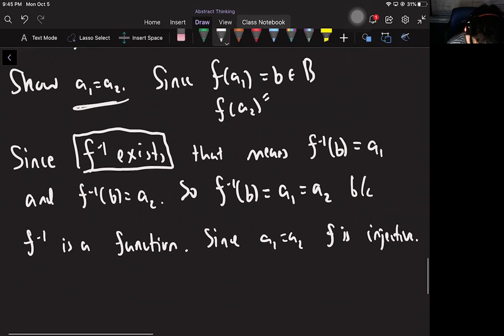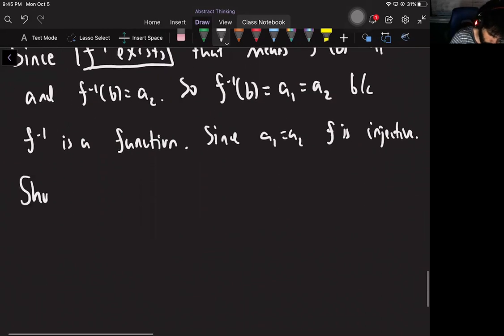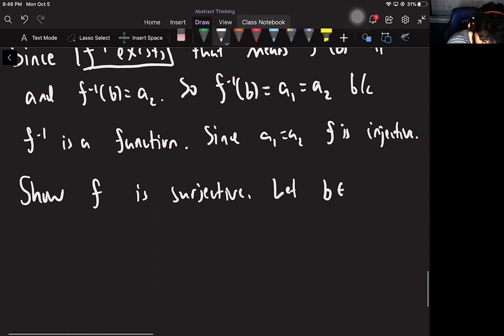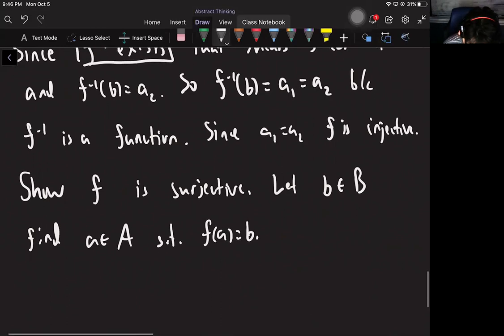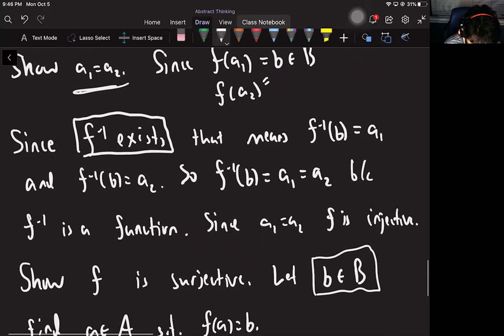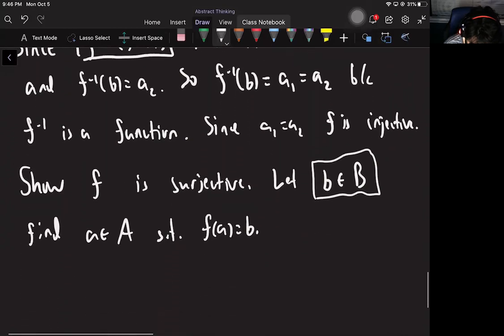Okay, so now let's show f is surjective. To show a function is surjective, we let something be in the codomain of that function, and we find something that maps to it. This shows everything in B gets hit by the function f. Okay, so all we know right now is that we have an element b of B and that f inverse exists, and we know how f inverse works.